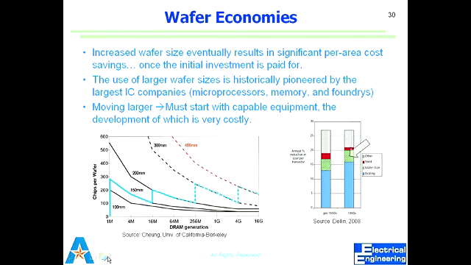As the size has been going up, we can have many more chips, many more dies made in one go. So that brings the cost per die down. It is called economies of scale. This is something which shows, it's still old data, the cost per transistor, which has been coming down.